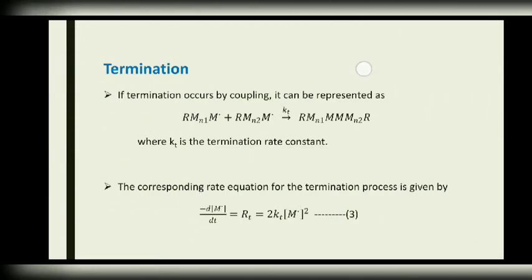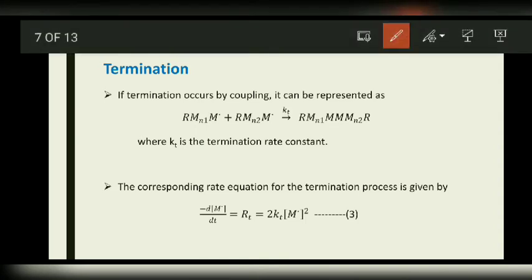Then the final step is termination. Here the chain growth stops, you know that. If the termination occurs by coupling, what happens there? The two growing chains will collide with each other, and the unpaired electrons present in them get paired up to form a polymer, right? It is represented like this.